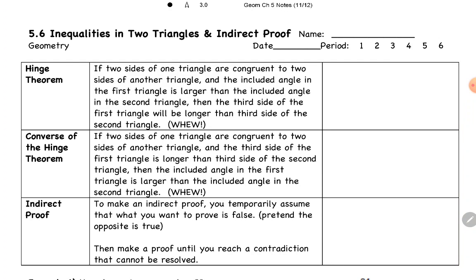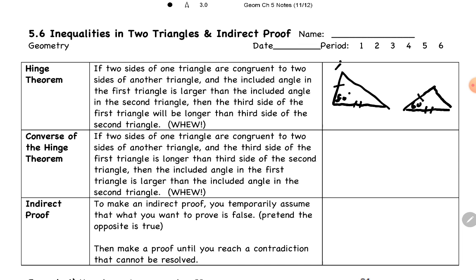So the hinge theorem basically says if two sides of one triangle are congruent to two sides of another triangle, and the included angle of the first triangle is larger than the included angle of the second triangle, so this one's 80 degrees, this one's 60 degrees, these two sides are the same, then the third side of the first triangle will be longer than the third side of the second triangle.